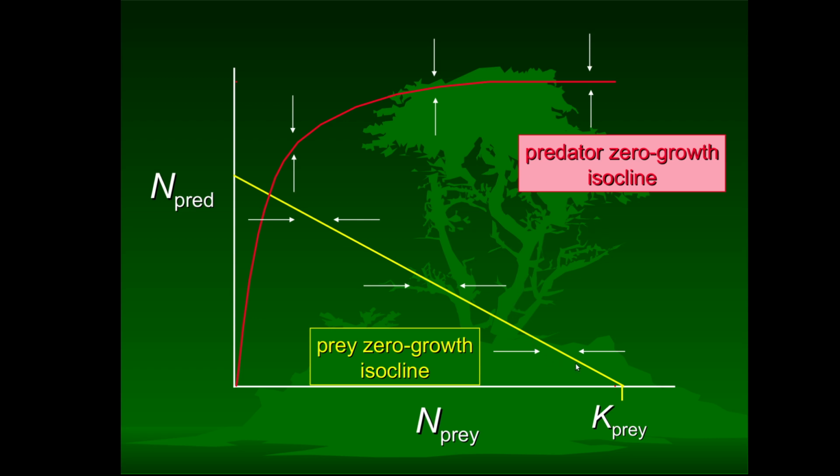So in the case of the prey, we start at the maximum density in the absence of the predator. Adding the predator will reduce the maximum density of the prey, has a negative slope, indicating the interaction has a negative effect on the fitness of the prey. So we assume that the predator's density reaches a maximum, a saturating curve here, because adding more prey may have no effect because the predator is saturated with prey.